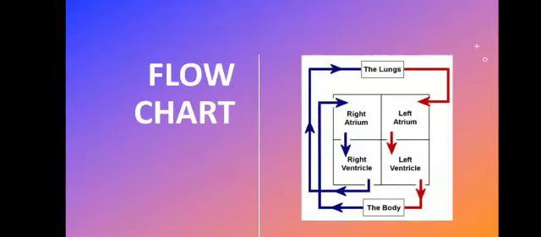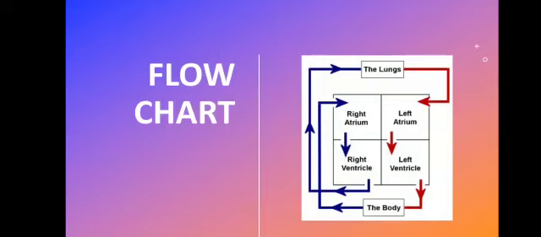Now you see the flow chart and we will learn that. So see the flow chart. Here we can see the blue arrow mark shows which kind of blood? Deoxygenated blood. The red color shows oxygen-rich blood. So from different parts of the body, blood, that means impure blood, goes to the right atrium.